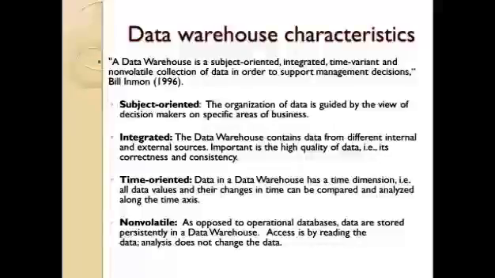We know when a particular sale takes place, so that we can keep historical data to make comparisons, make analysis over time and so on, which is very different from an OLTP system.